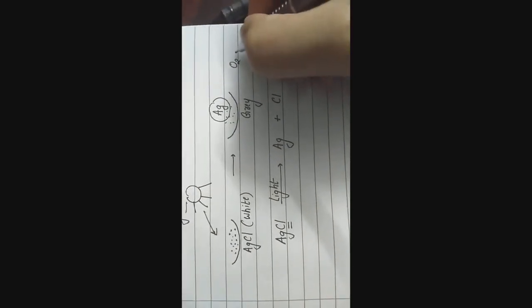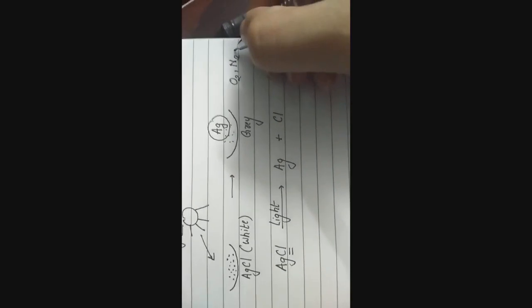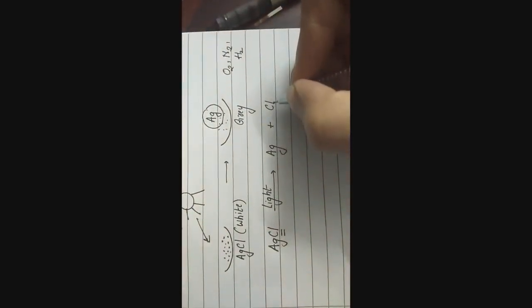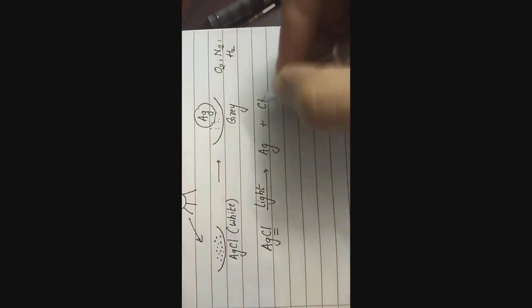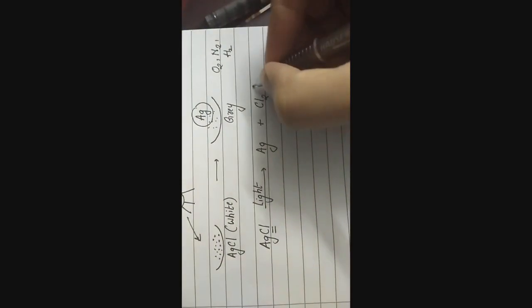Just like we have oxygen, we know it exists in diatomic form, it is a gas. Similarly, nitrogen is again a diatomic gas. Just like that, hydrogen also exists in diatomic form, which is yet another gas. Just like this, chlorine is also a gas which exists in diatomic form. So along with the formation of chlorine gas.